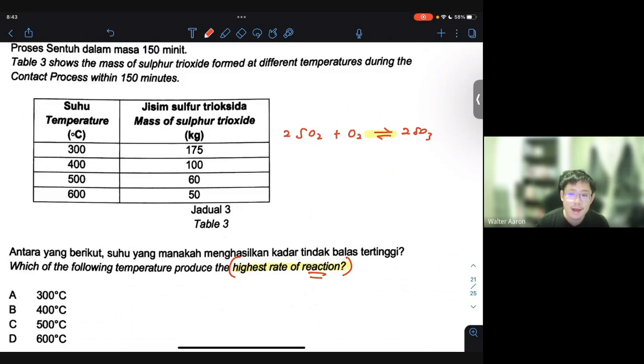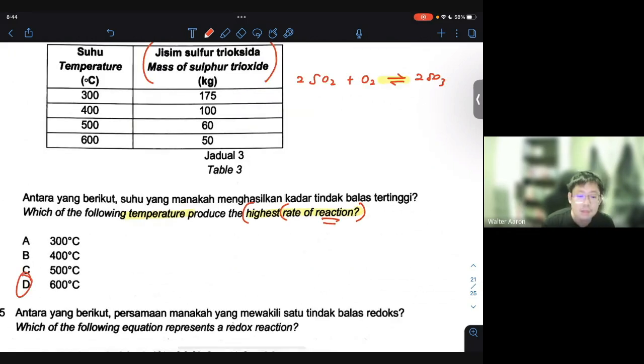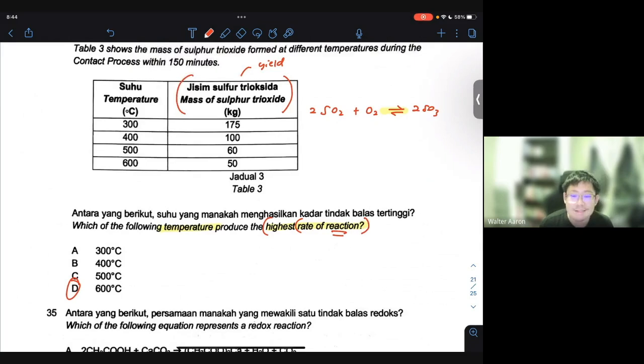Any disturbance to the system in equilibrium, according to Le Chatelier's principle, will shift it to a position where there's either an increase or decrease in the yield of sulfur trioxide. The mass of sulfur trioxide formed is actually the yield. The yield will be lower, which we don't want. But based on temperature, the higher the better in terms of rate of reaction. So be very careful, it's a bit tricky. The answer here is supposed to be D. Unless they say highest yield or highest mass of sulfur trioxide produced, then it's a different story.